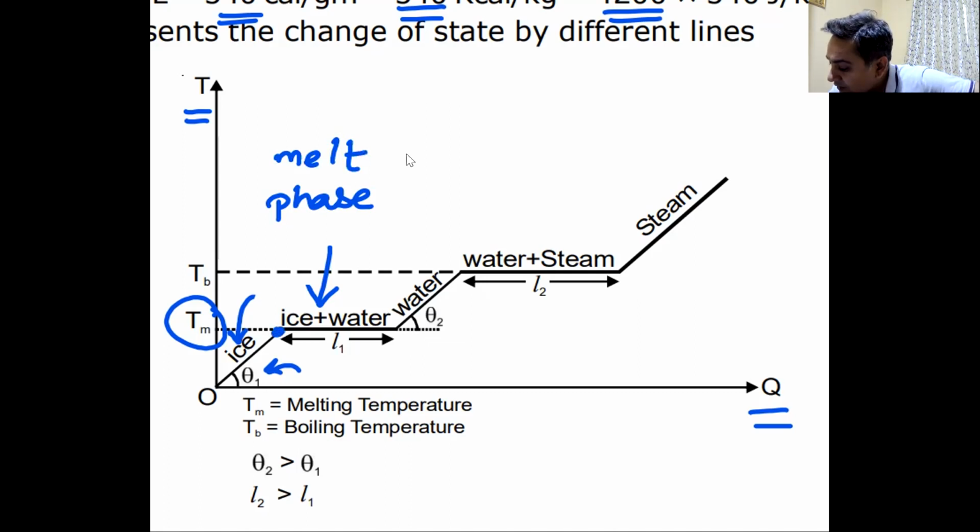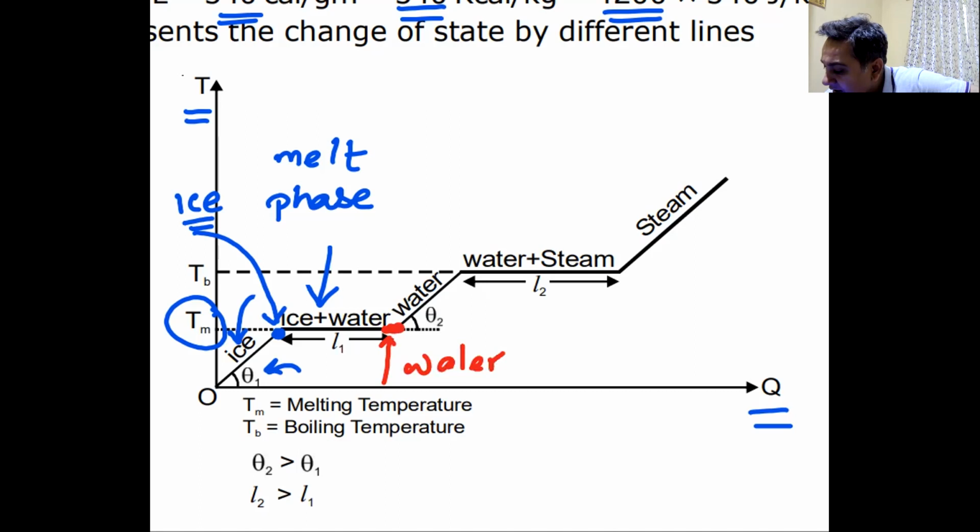At this point, it is pure ice, ice at 0 degrees Celsius. And at the red point, it is water at 0 degrees Celsius.